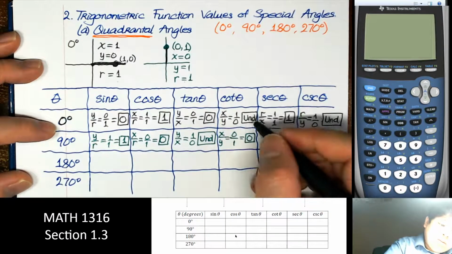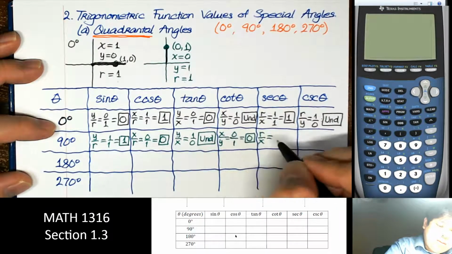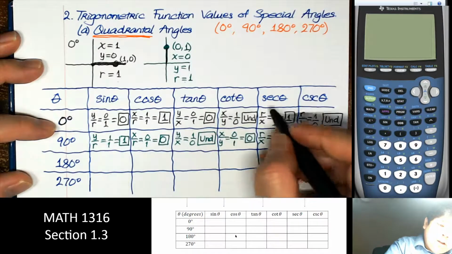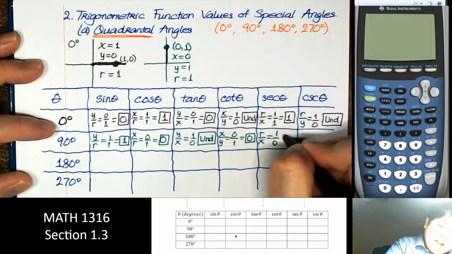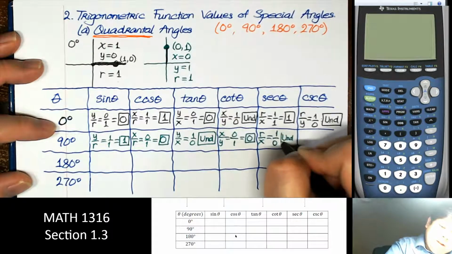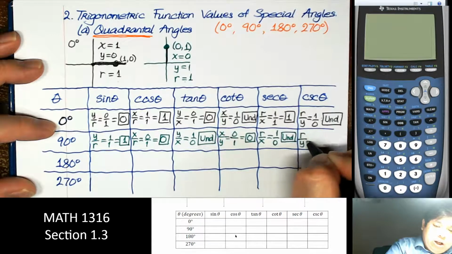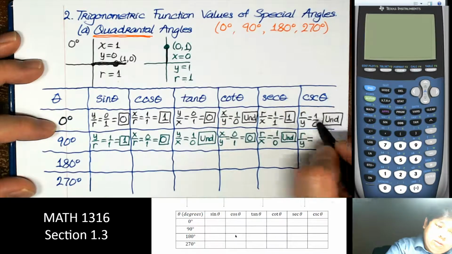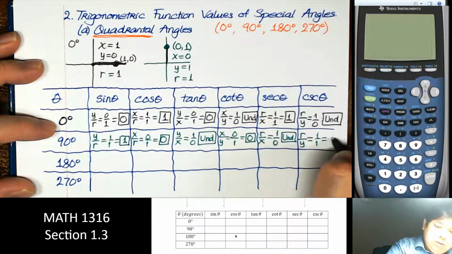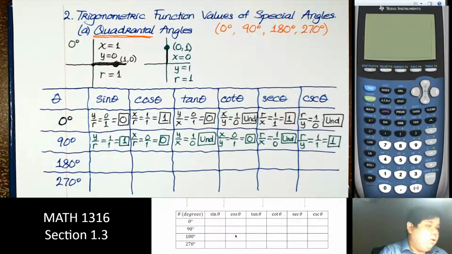Secant is r over x, which is undefined. And cosecant is r over y. So it's not that bad. We just complete that table, use the definition, and nothing more.